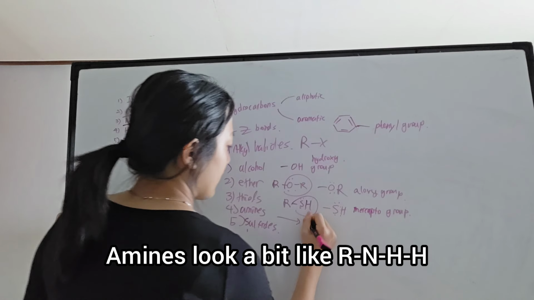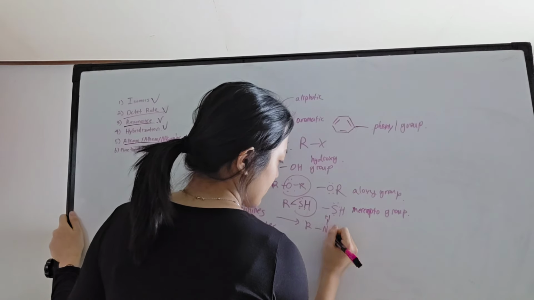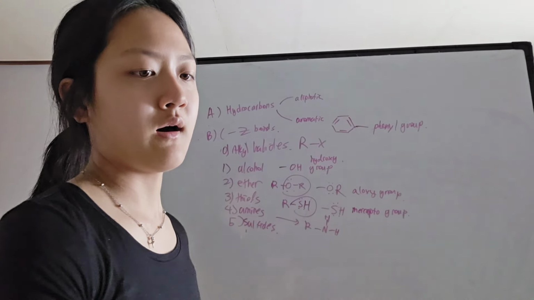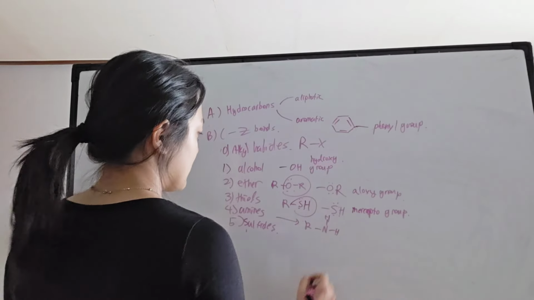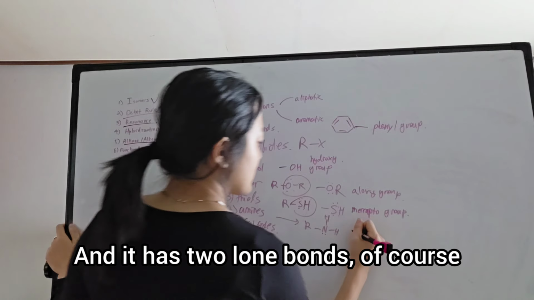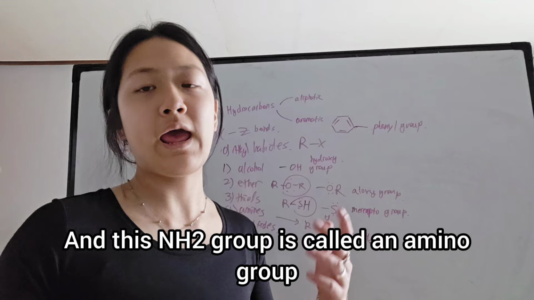Amines look a bit like R, N, H, H. So it's basically an RNH2 group. And it has a lone pair, of course. And this NH2 group is called an amino group.